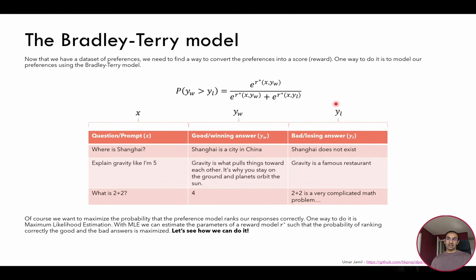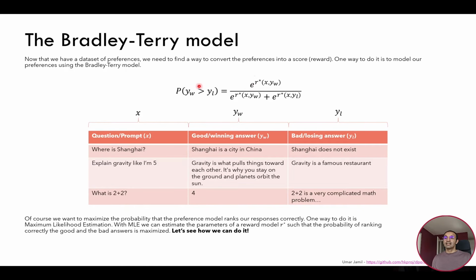This is the expression of the Bradley-Terry model. So it is a model, meaning that we choose to model our preferences like this. And actually it makes sense because it is a probability. That's why, for example, we use exponentials, because we want the probability to be non-negative.